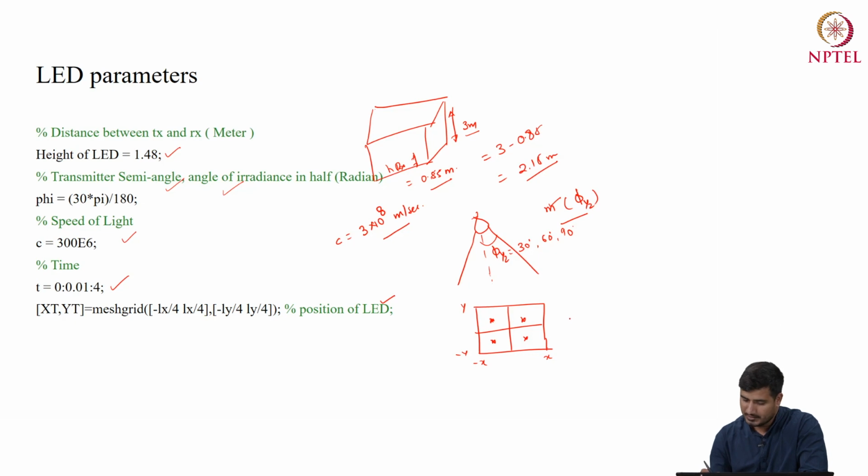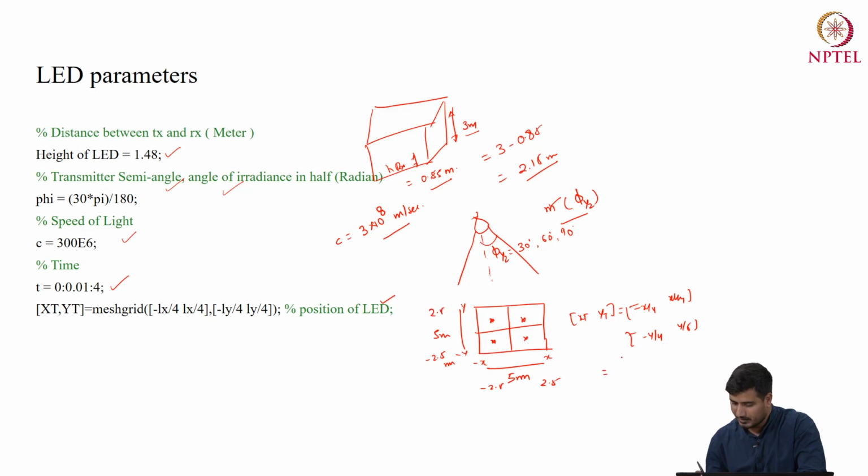So we have given this coordinate of xt, yt equals minus x by 4 to plus x by 4 and minus y by 4 to plus y by 4. So if for the standard room the value is 5 meter, it is varying from minus 2.5 to plus 2.5. Similarly here, minus 2.5 meter to 2.5 meter.